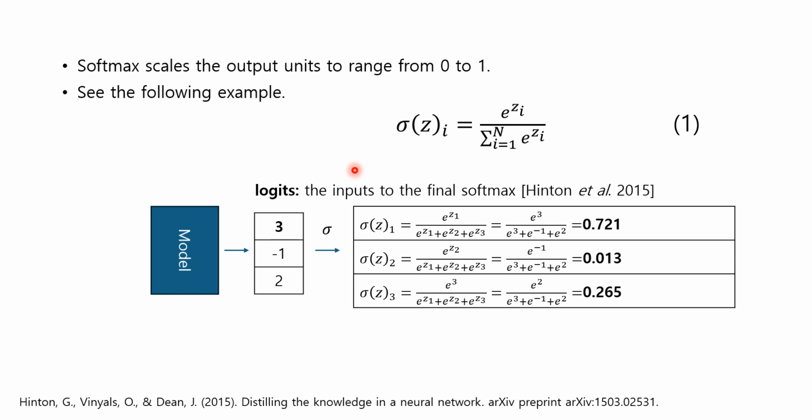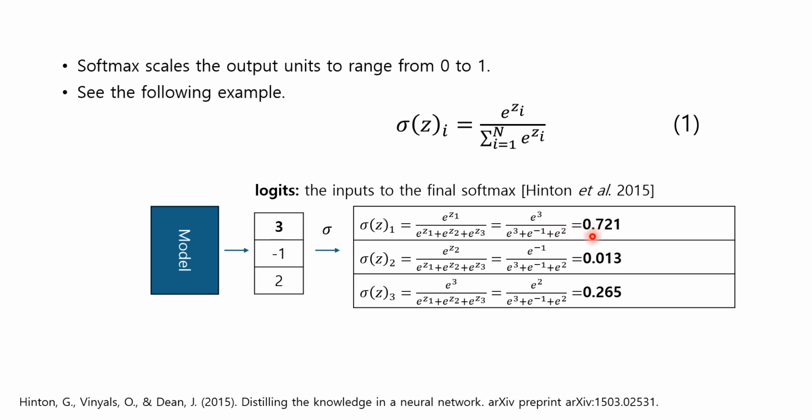So for the input vector z, if we take a softmax, then the ith element of the output is e to the z_i over the sum of all the e to the z_j. For z1 being 3, it is e to the 3 over the sum, e to the 3 plus e to the minus 1 plus e to the 2.